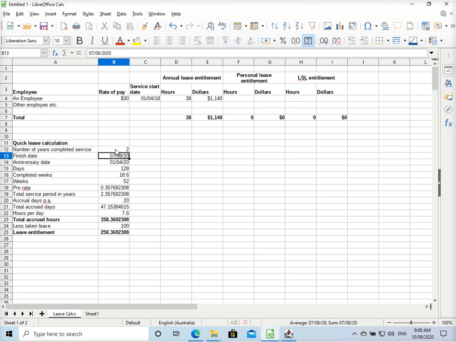Basically I looked at the number of years completed service, which is 2, and it's 20 days for each year. The general strategy is you want to work out the service period and the total amount of leave accrued over that service period, and then you deduct leave taken.